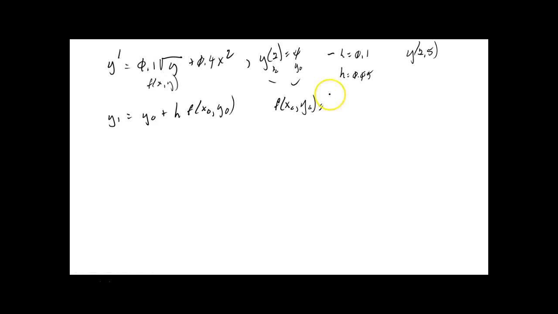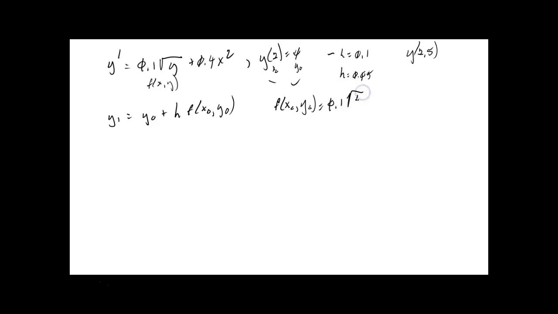In this case, it's 0.1. The problem has this 0.1 in it, and our h is 0.1. That's just happenstance. Most of the time, they're not going to be the same, so don't get them confused.